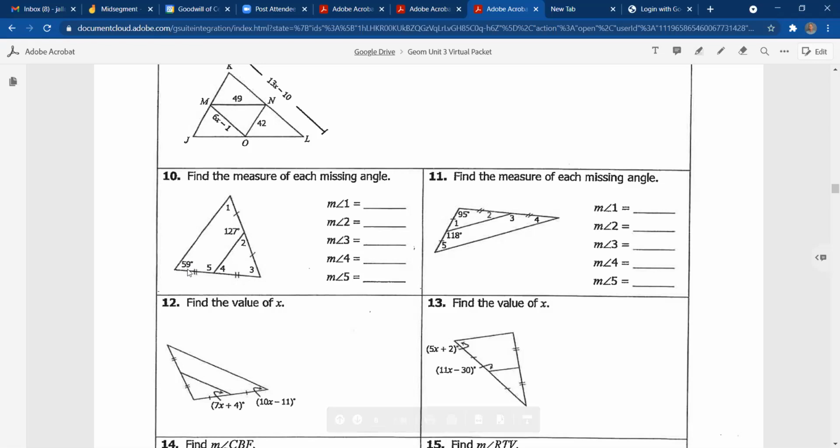So if that corner angle there is 59, how much is angle 4? What's the relationship between those two angles? Maybe you need to go back and look at your notes for parallel lines and transversals. There are four possibilities here. 59. Who said 59? Shelna.